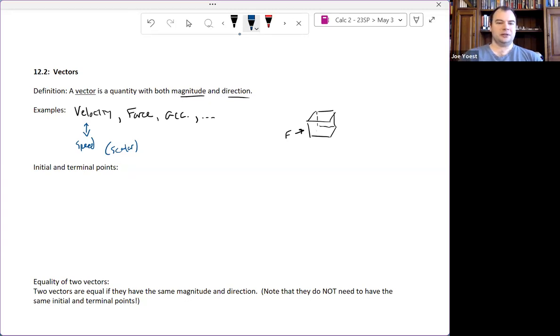Now, one note about this is if I imagine that I'm in a one-dimensional space, so let's say I'm just traveling along a certain road, and that's essentially one-dimensional. I can either go that way along the road or I can go backwards along the road. Well, then direction is really only indicated by sign, positive or negative.